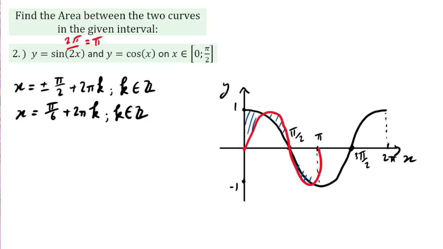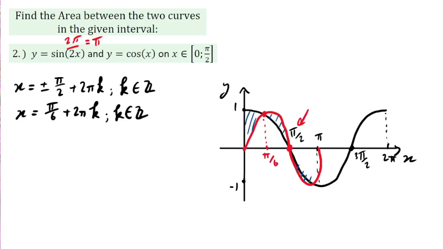Remember, we found the points of intersection by x equals plus or minus pi over 2, but we're only going to focus on the positive version because we're only working with a positive interval. The other intersection point, pi over 6, is smaller than pi over 2, so it should be somewhere here. So this is pi over 6.